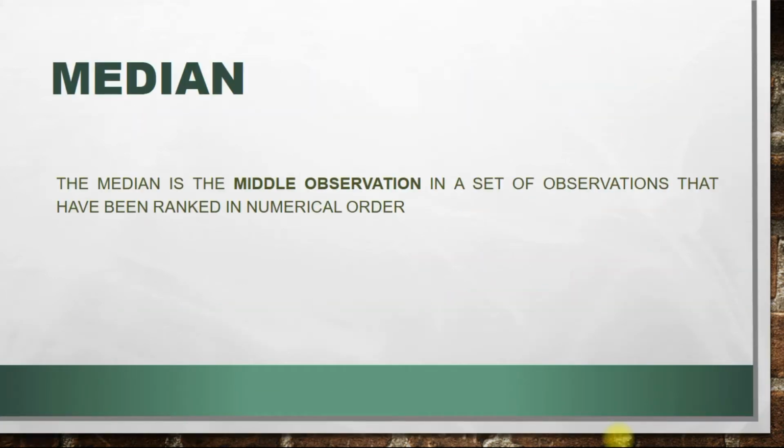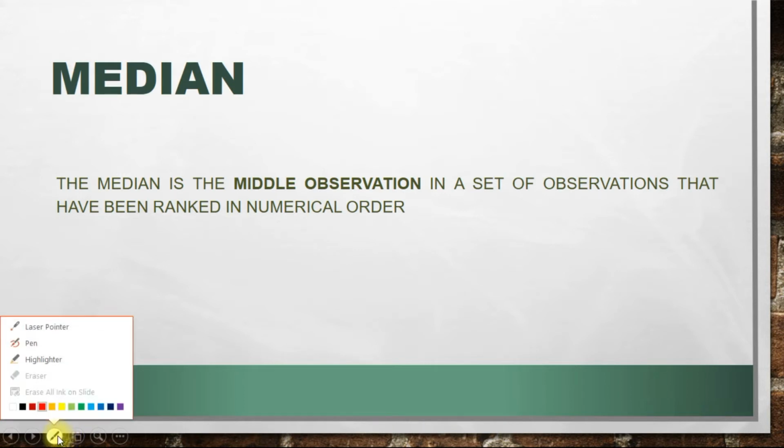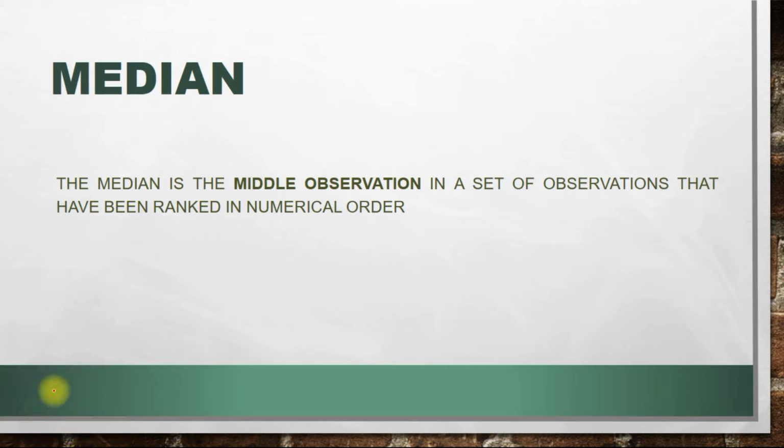Median is the middle observation in a set of observations that have been ranked in numerical order. As its name suggests, median is the middle value of the data set. If we have 1, 2, 3 data points, the middle value is 2.